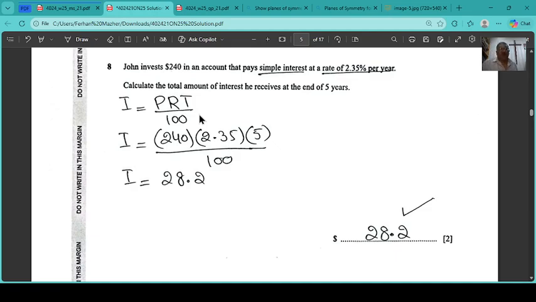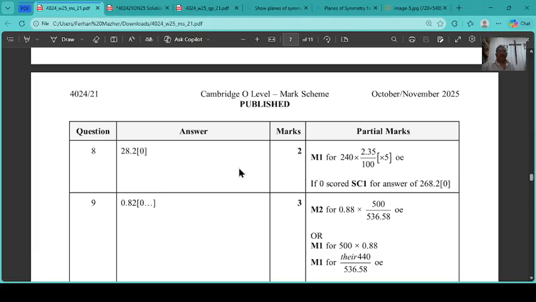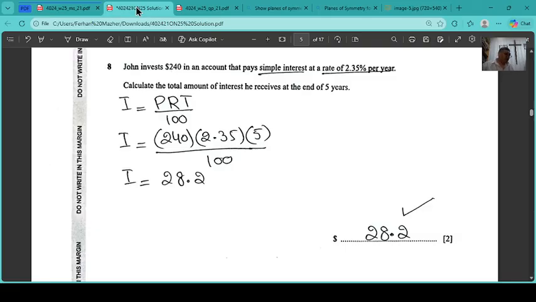I is equal to 240 multiplied by 2.35 multiplied by 5, divided by 100. So the total interest in 5 years will be $28.2. The marking scheme is showing up on your screen. $28.2 is the right answer.